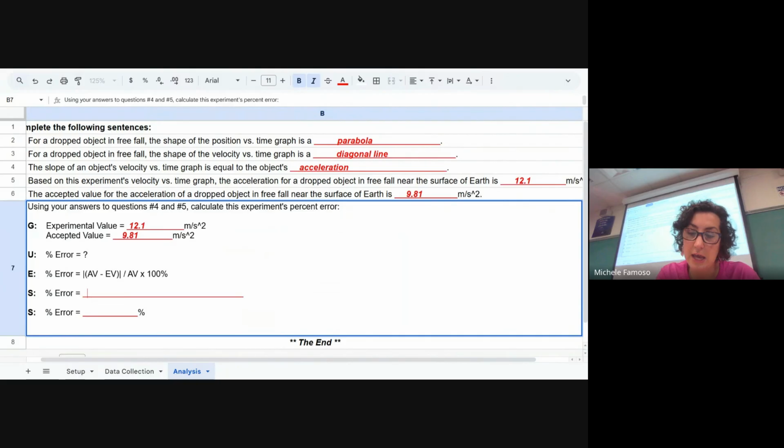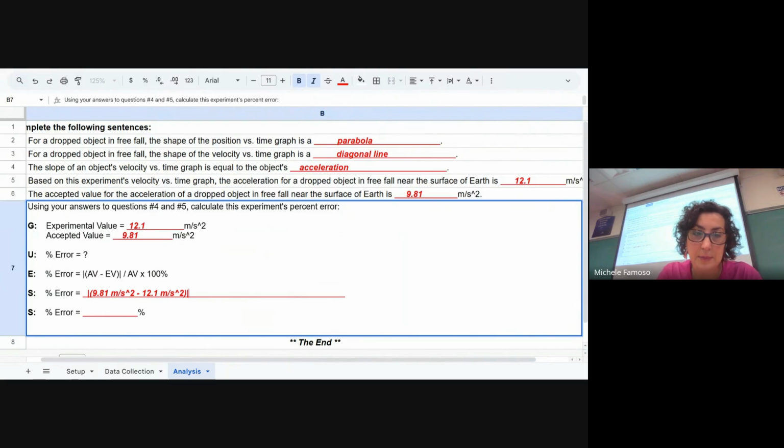So we're going to show the absolute value, then the left parenthesis. The accepted value is 9.81 with units, meter per second caret 2. That's meter per second squared. Minus the experimental value, which was 12.1 m over s caret 2. Then I have to close the parenthesis.